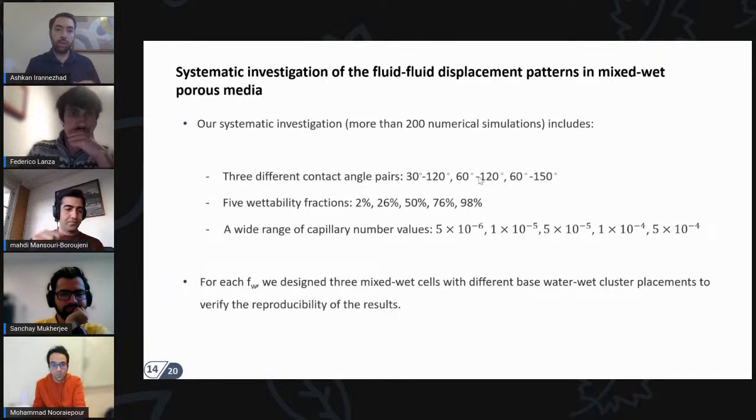We tested 3 different contact angle pairs, 5 wettability fractions from 2% to 98%, and a wide range of capillary number values from 5 times 10 to the power of -6 to 5 times 10 to the power of -4. To verify the reproducibility of the results, we designed 3 different mixed wet cells with different water wet cluster placements for each wettability fraction.